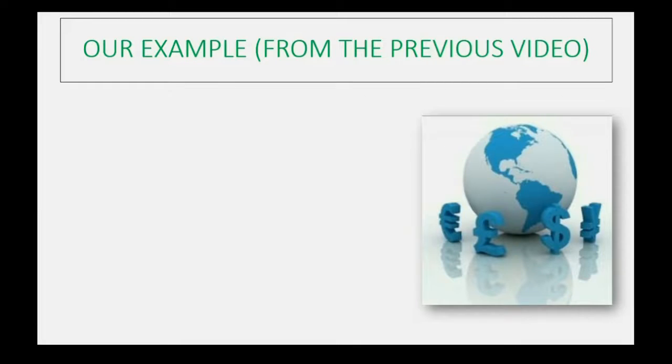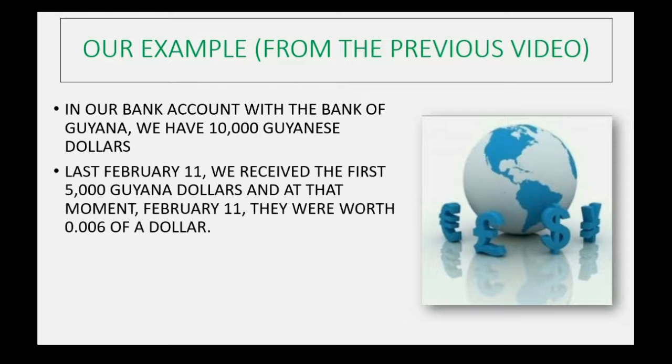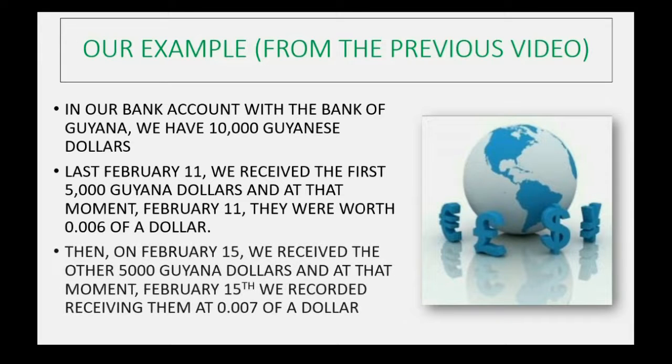In our example, we will follow from the previous video. In our bank account with the Bank of Guyana, we currently have 10,000 Guyanese dollars. Last February 11, we received the first 5,000 Guyana dollars, and at that moment, February 11, they were worth 0.006 of a dollar.